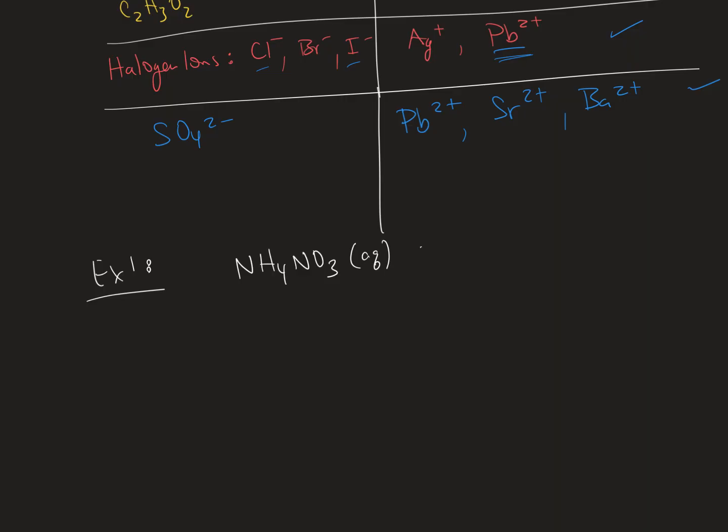That means it's soluble. We good? Okay, another example. Lithium hydroxide. Soluble or insoluble? Soluble because lithium is a group 1 ion. So we say that it's aqueous. We okay so far?